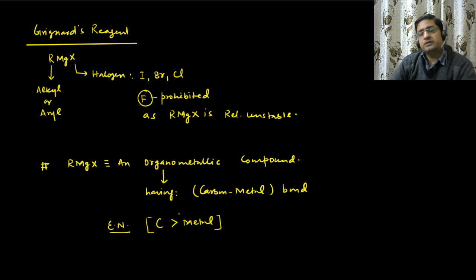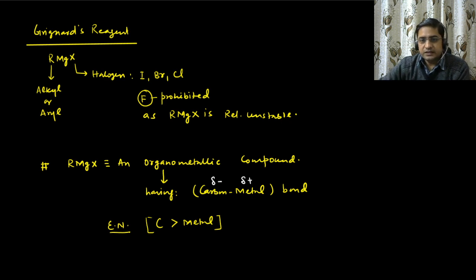So when there is an electronegativity difference between two bonded atoms, the bond becomes polar. Polar means a partial charge develops on either of the atoms. The more electronegative atom bears a negative charge as the bonded electrons slightly shift towards it, and the metal being electropositive or less electronegative bears a partial positive charge.